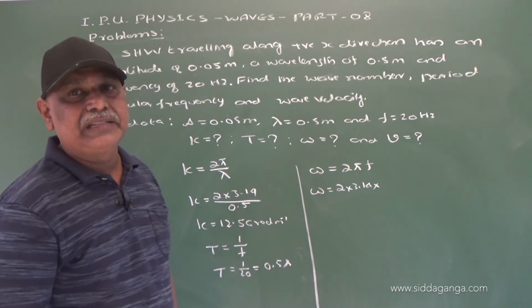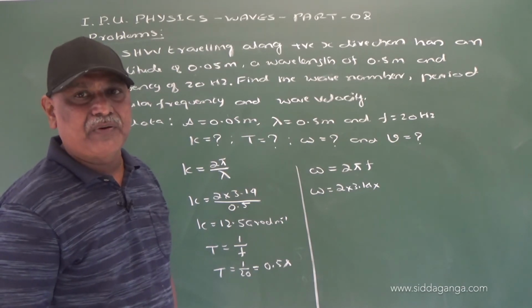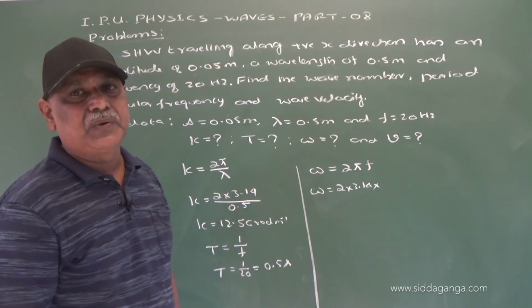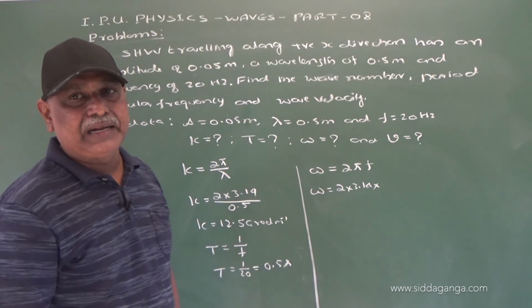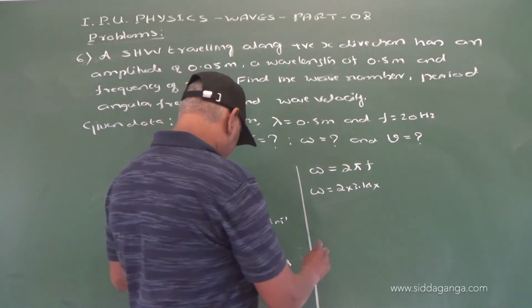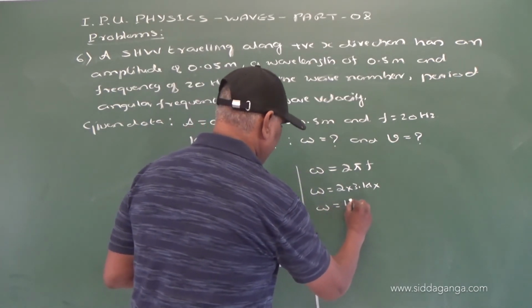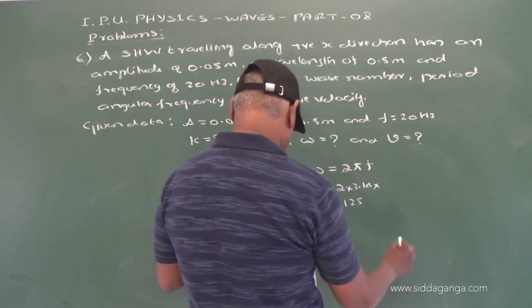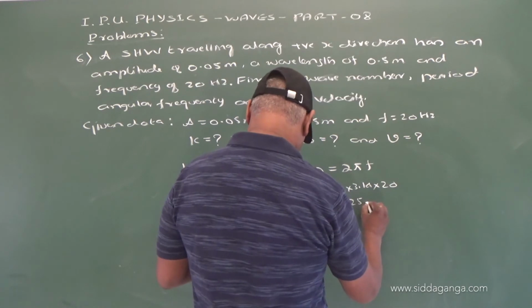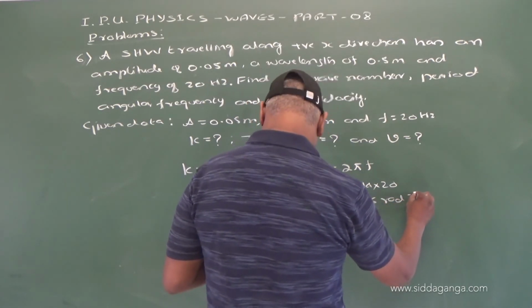When we are finding the angle, then you can substitute 3.14, we will get angle in terms of unit radian, or if you substitute 180 degree, then we will get the angle in terms of degrees. Now omega is equal to 2 pi f, that omega comes out to be 125.6 radian per second.